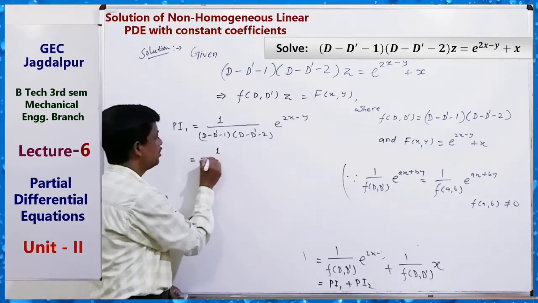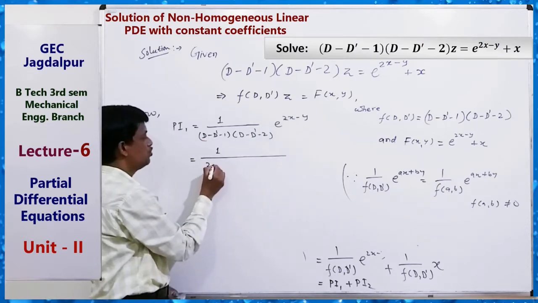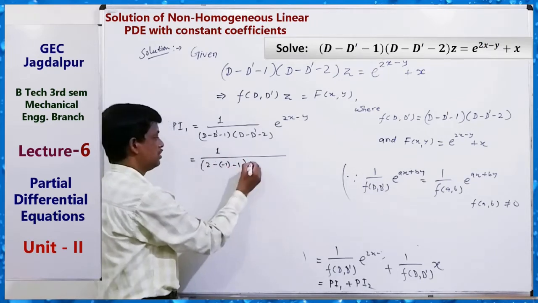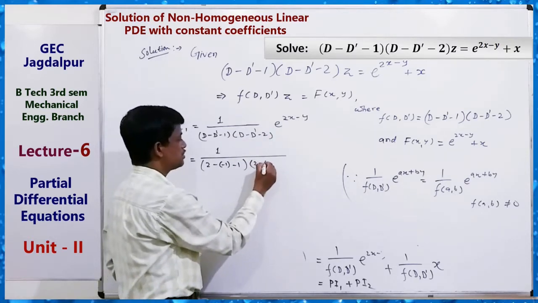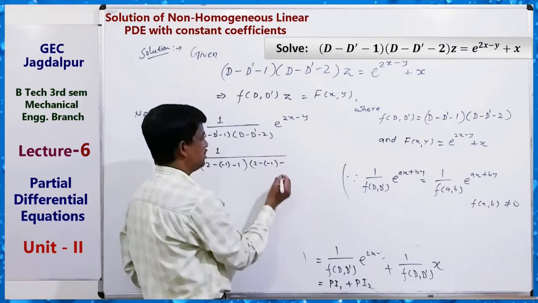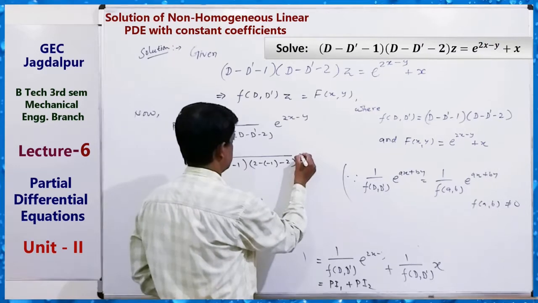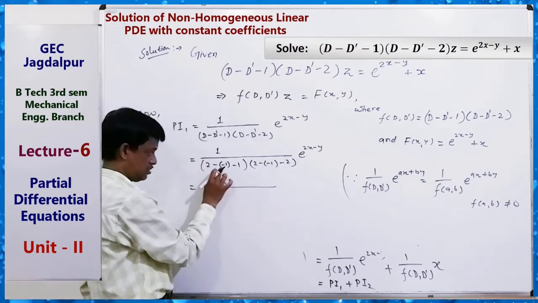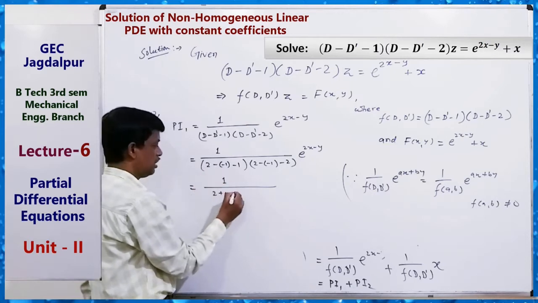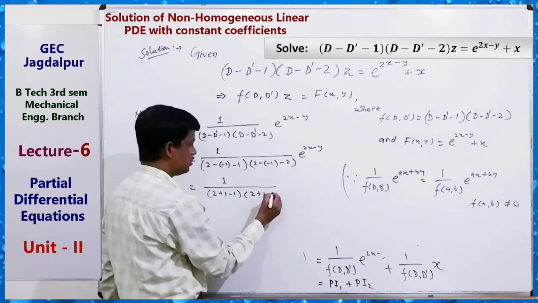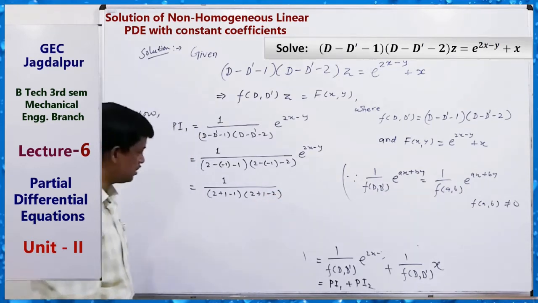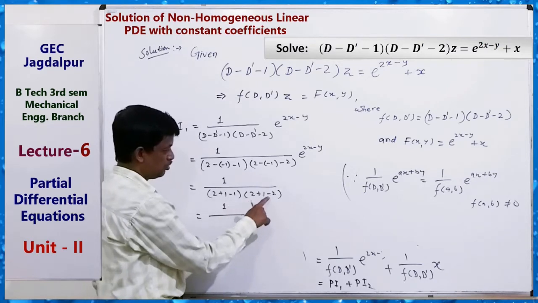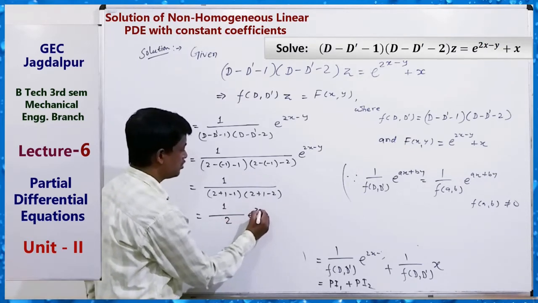So 1 upon (2 plus 1 minus 1)(2 plus 1 minus 2) e to the power 2x minus y.